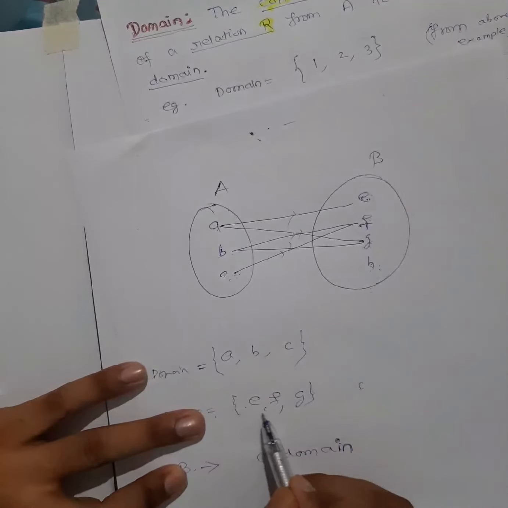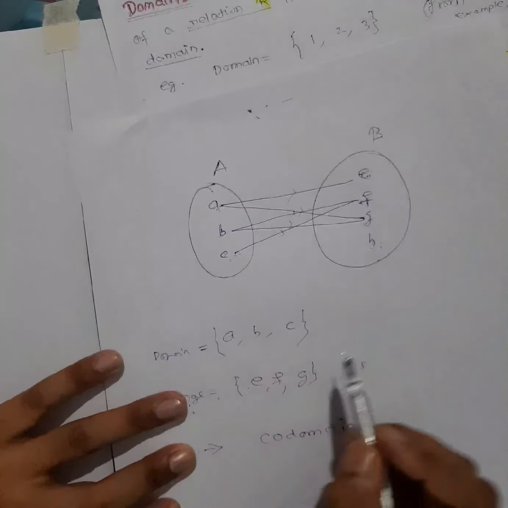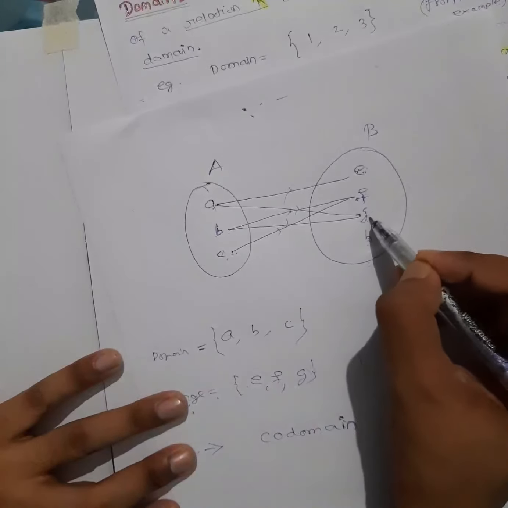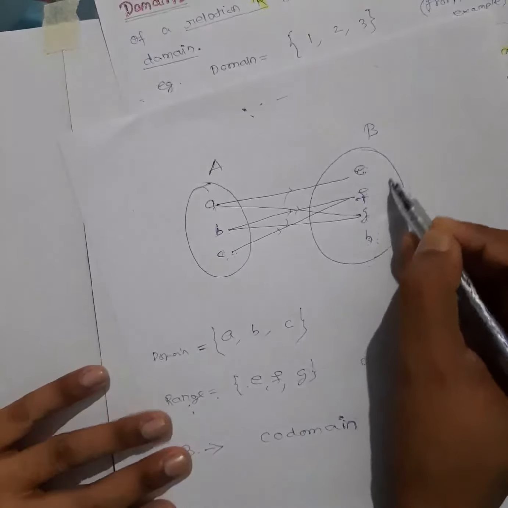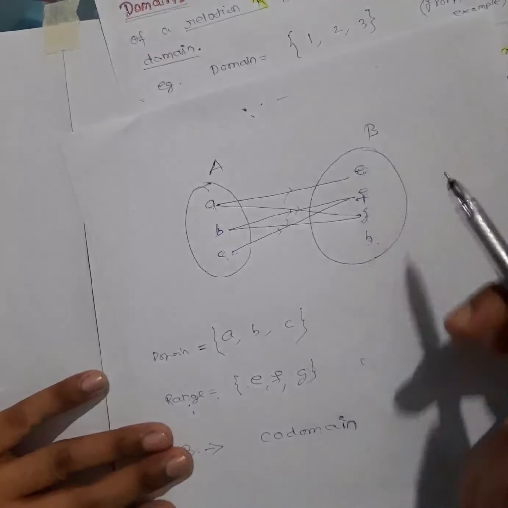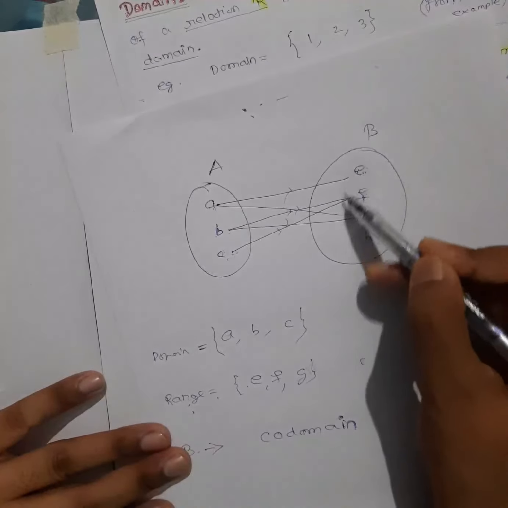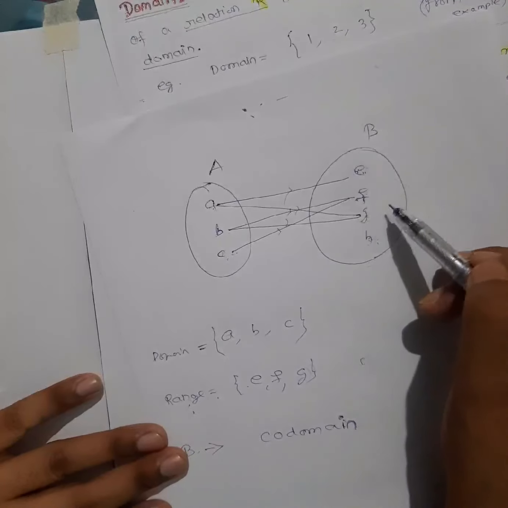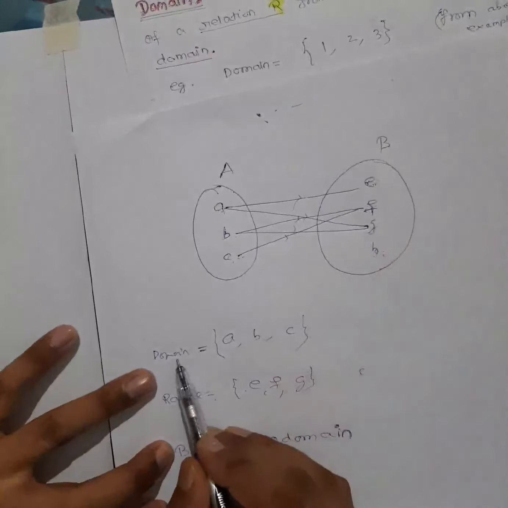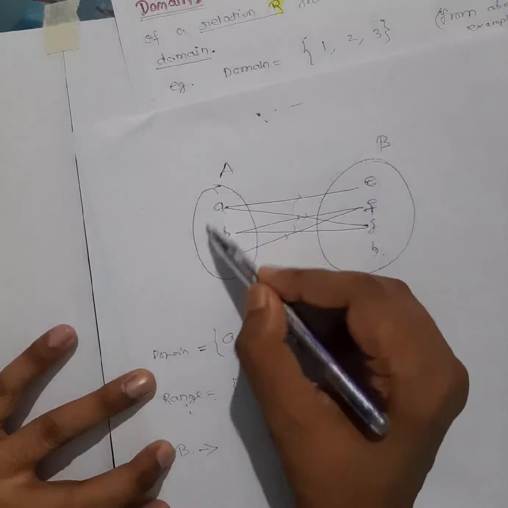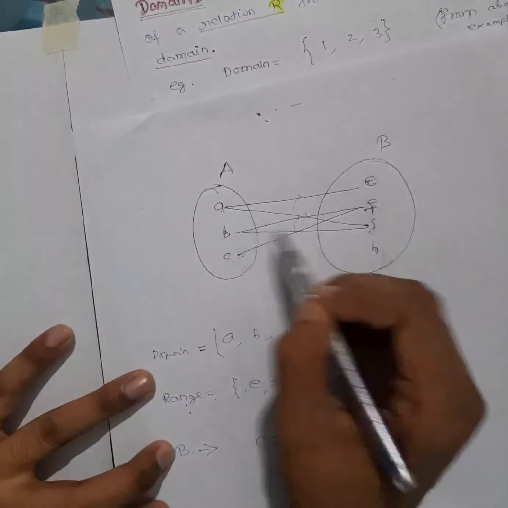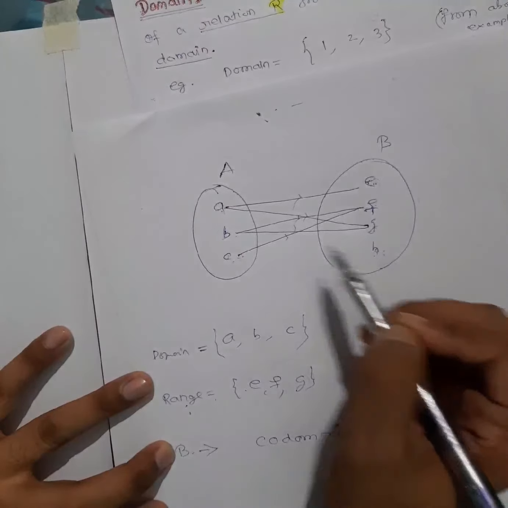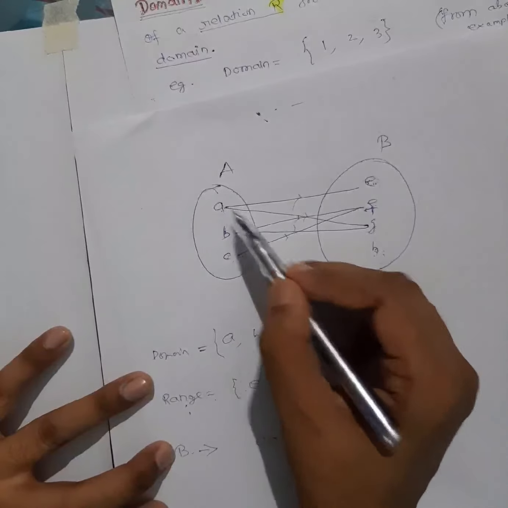You can say this is a set of images. Images are elements, range is a set. Range is a set of images, a collection of images. And domain is a collection of those elements from your first set which have an image in the second set.